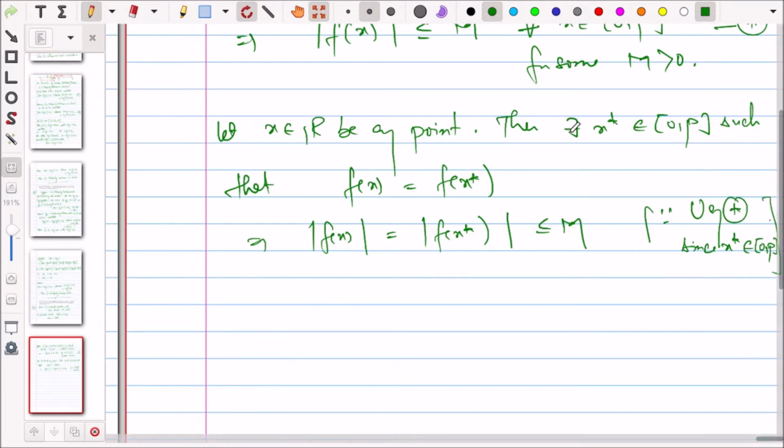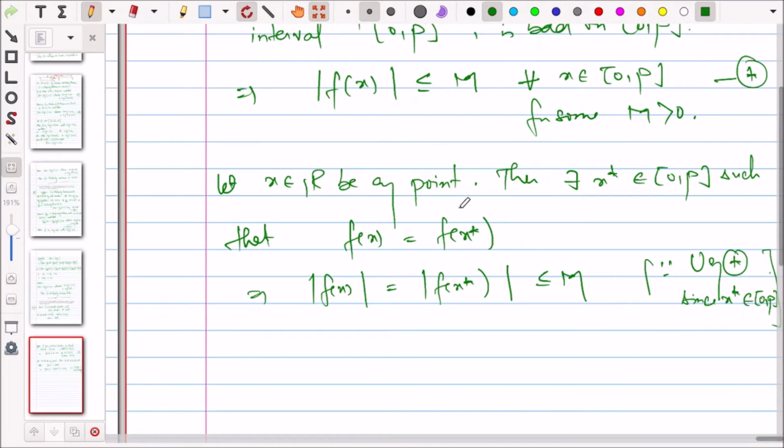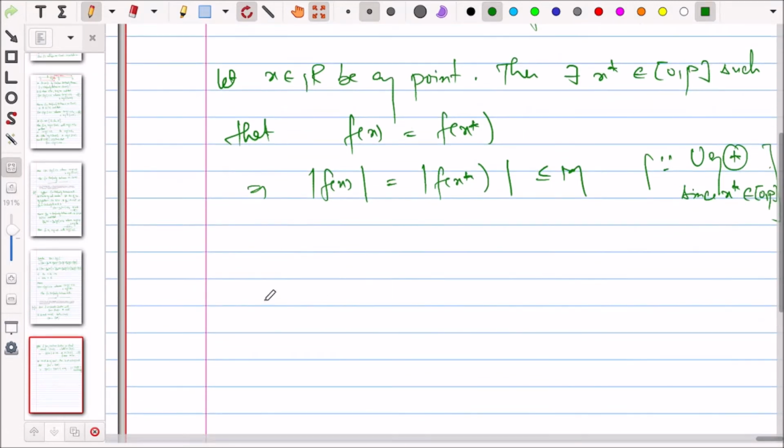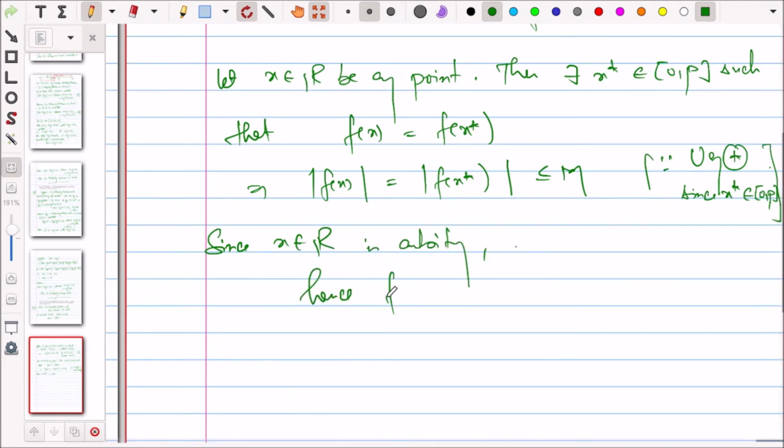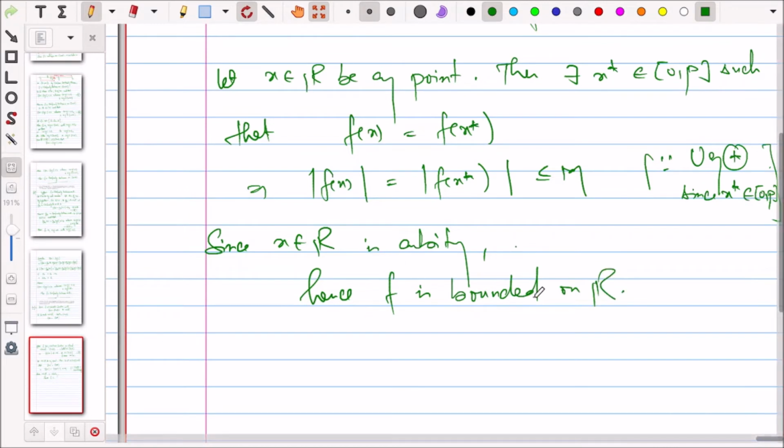Since x* belongs to [0, p], x* satisfies this condition of star, so |f(x*)| is less than or equal to M. Since x belonging to R is arbitrary, hence f is bounded on R. So we have shown that f is bounded on R and the bound is M.